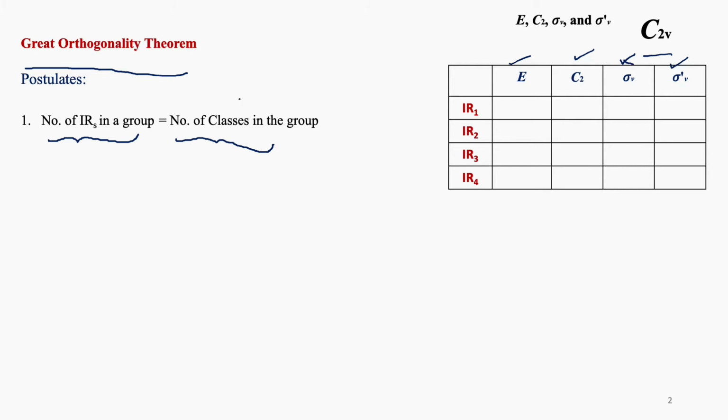So the number of classes will be 4, and the postulate is that the number of classes equals the number of irreducible representations. Since we have 4 symmetry elements, we have 4 columns, and these columns represent the number of classes, and the number of irreducible representations will be equal to the number of classes in the group.